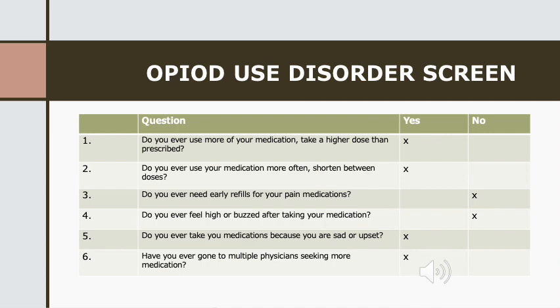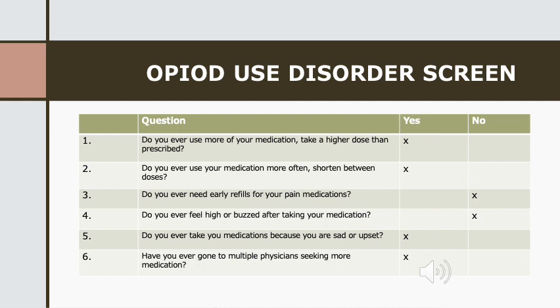Do you ever use your medication more often, shorten between doses? These are the patient's answers. The patient said yes. Number 3, do you ever need early refills for your pain medications? No. Number 4, do you ever feel high or buzzed after taking your medication?